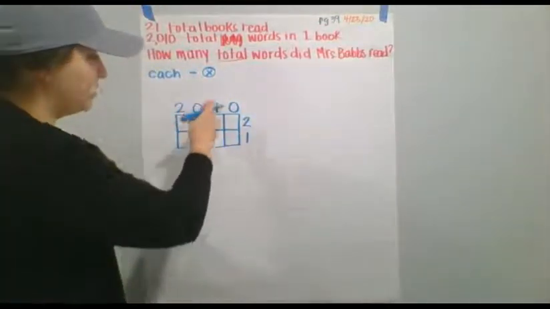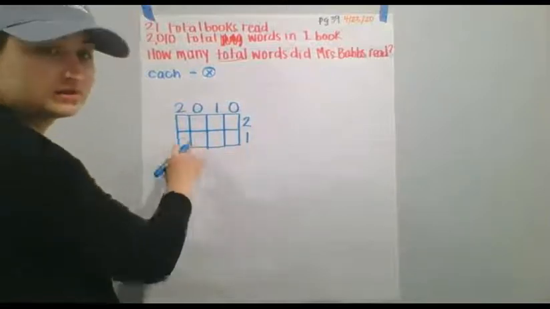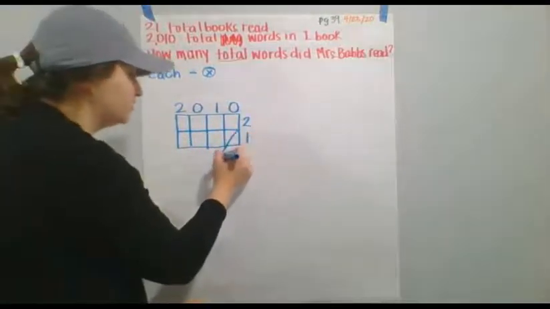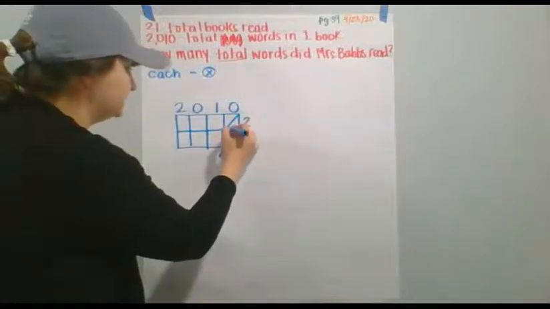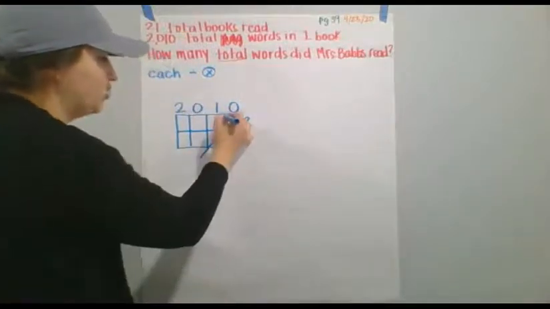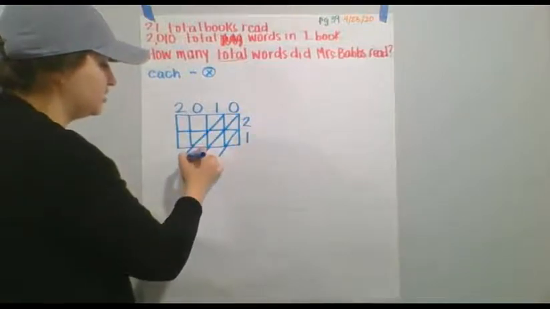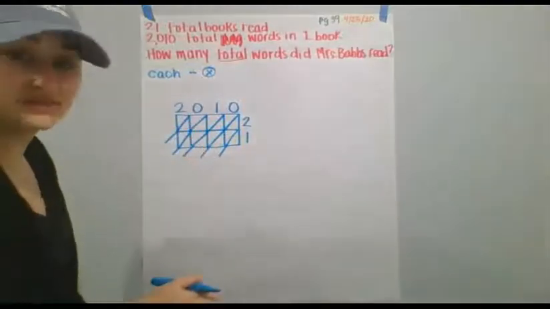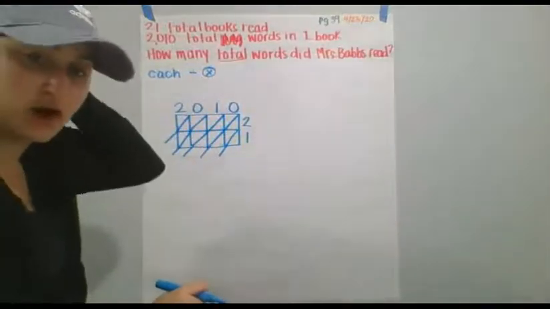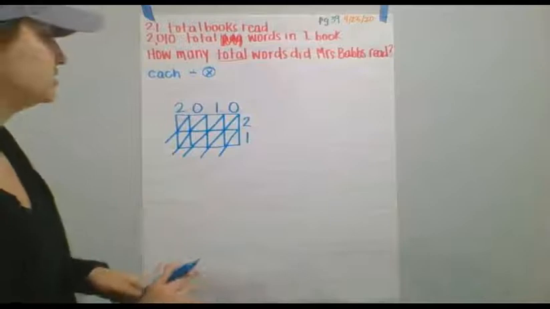So there should be 4 columns and 2 rows. Then you want to go through and make sure that you're dividing each box in half diagonally. I like to go one box at a time just to make sure that they are in the correct spot, because if they're not, then it's going to get completely thrown off and it's going to mess up your answer.